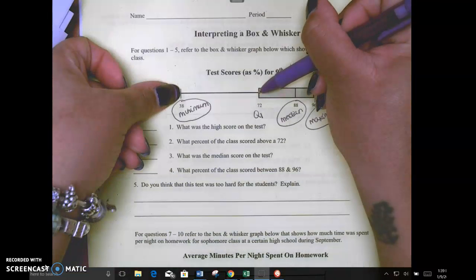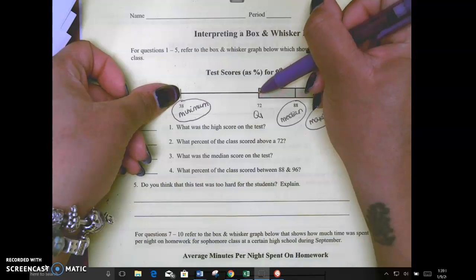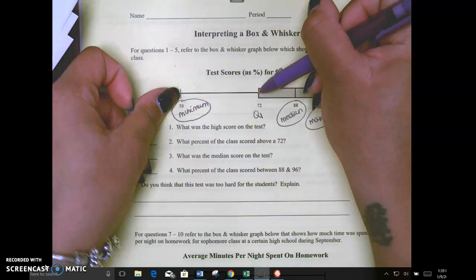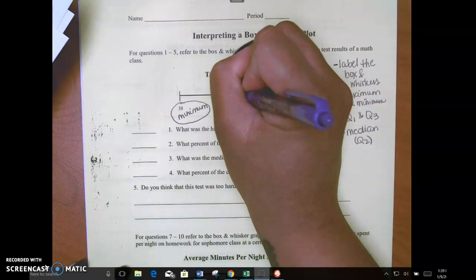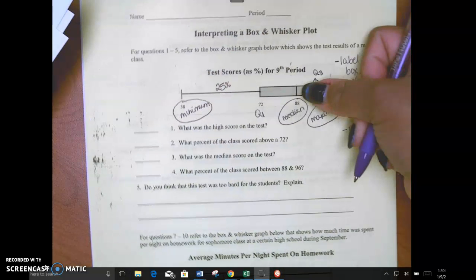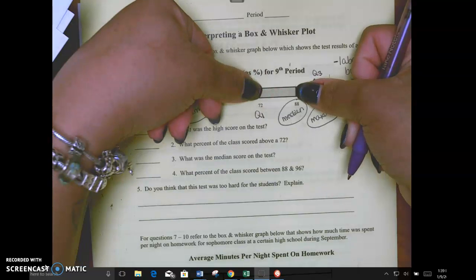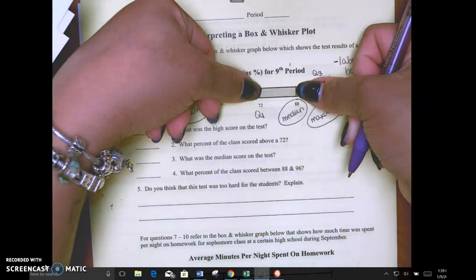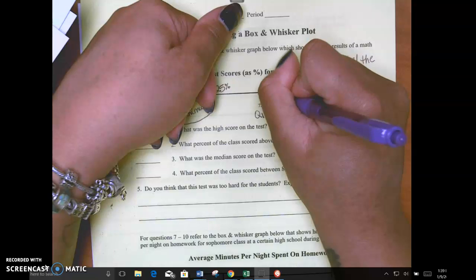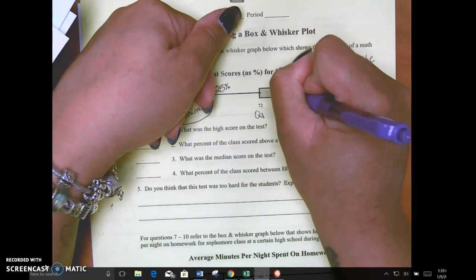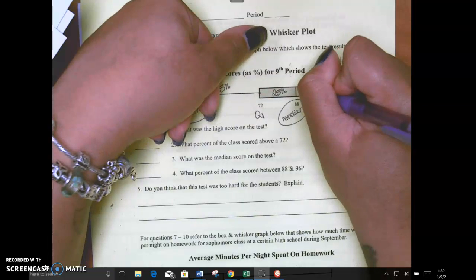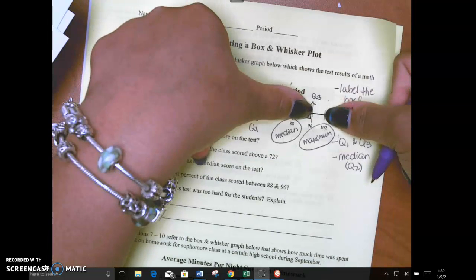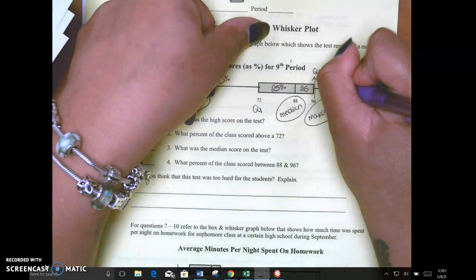So how much of the data is this? 25%, a fourth. This is the end of the second quarter. So how much is this? Another 25. And this? Another 25. And this last piece? 25%.